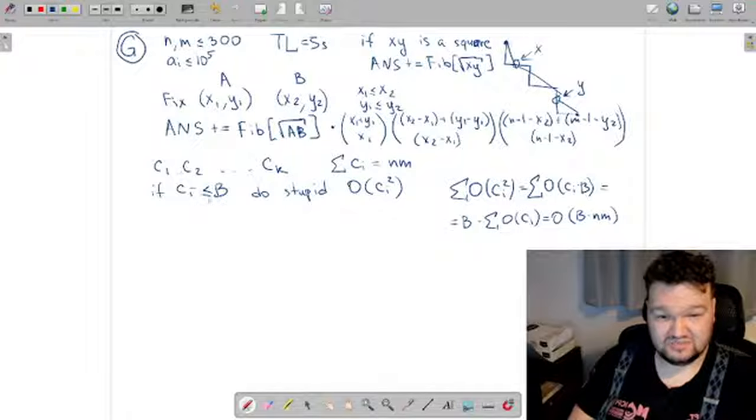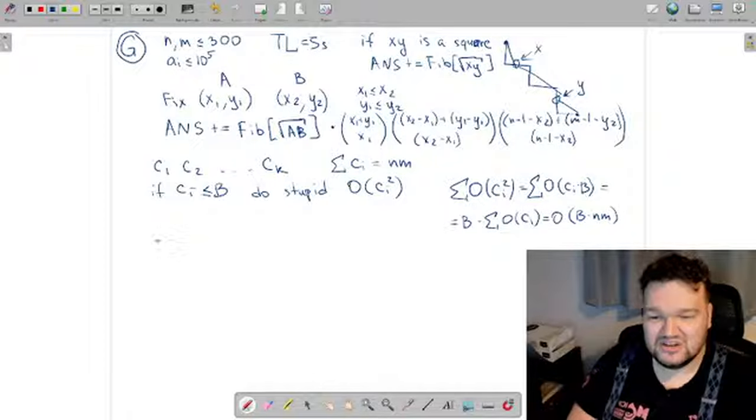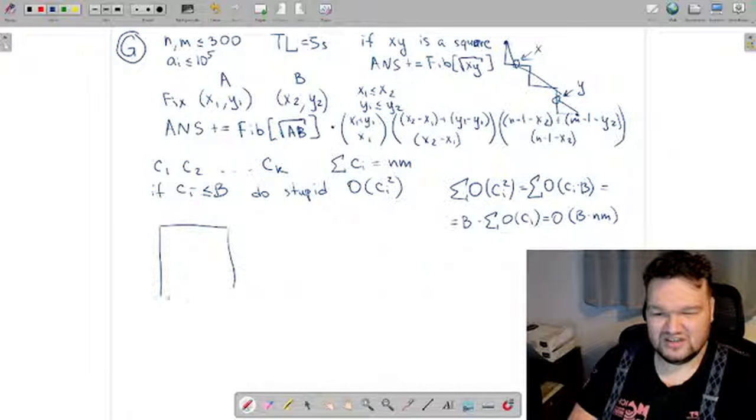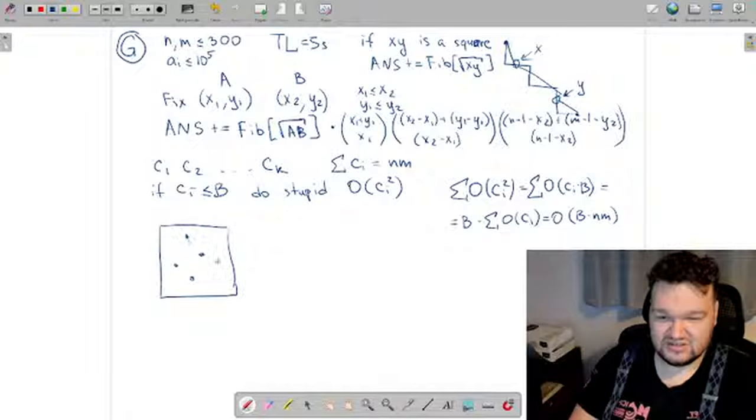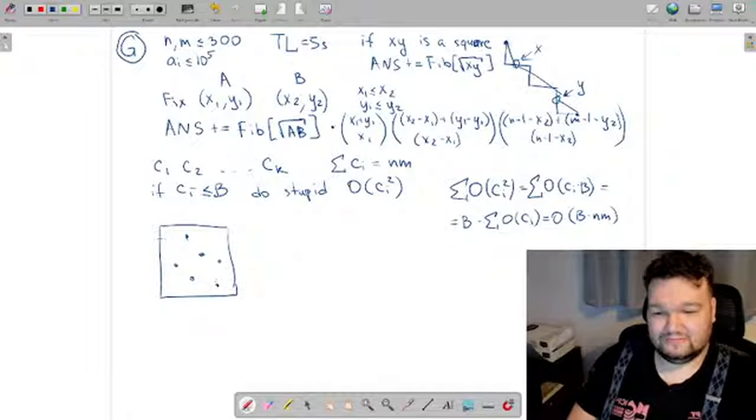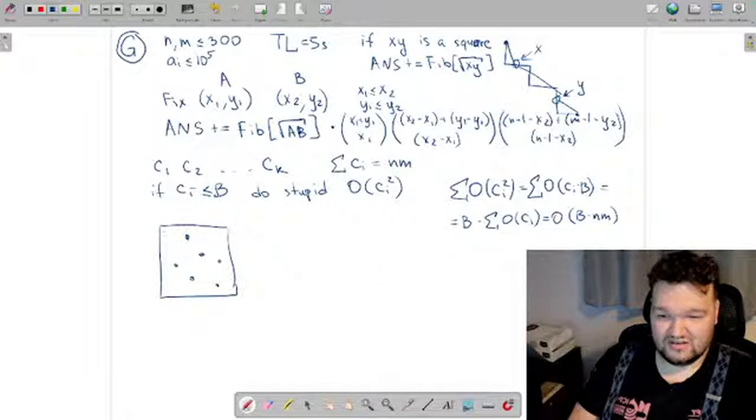But if Ci is big, we will solve this color in O of Nm, basically by doing DP on this matrix, doing what is written in the statement. So if we have a big number of points, every point can be a start.